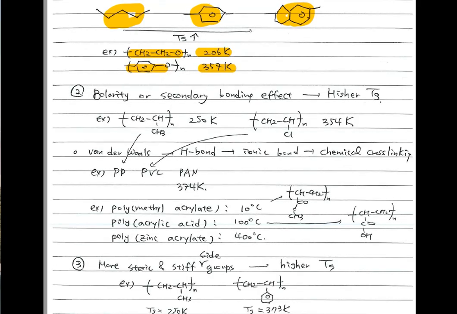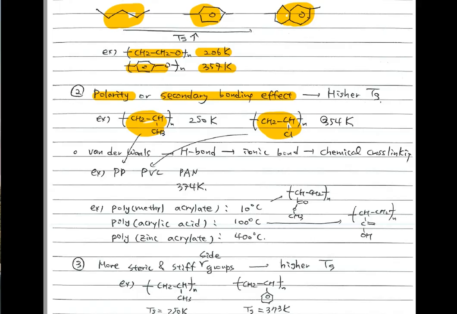Another effect is the polar or secondary bonding effect. If you compare these two vinyl polymers, polypropylene and polyvinyl chloride, since PVC has this chloride group, which is polar, there will be a larger amount of molecular interactions between polymer chains.